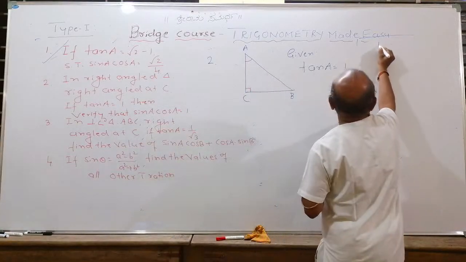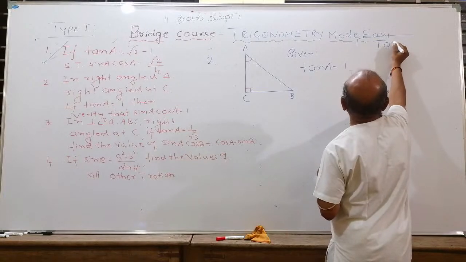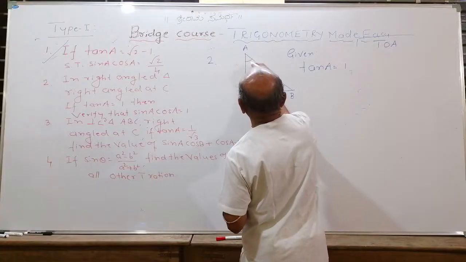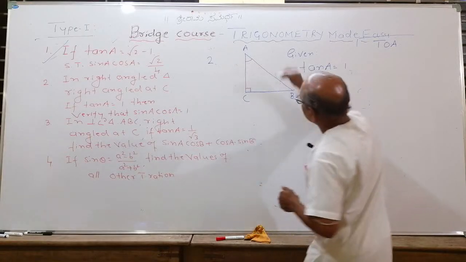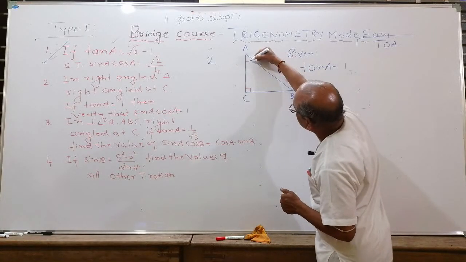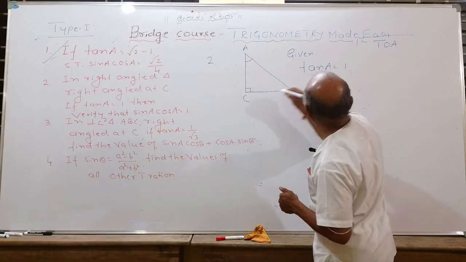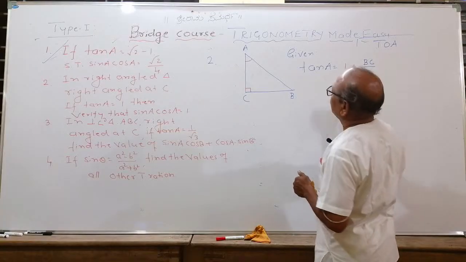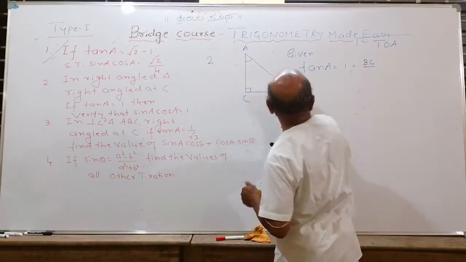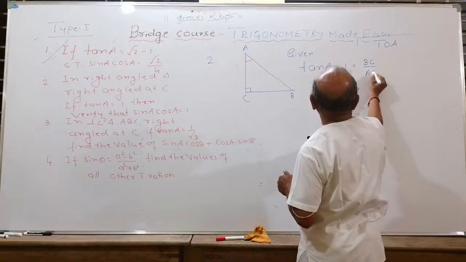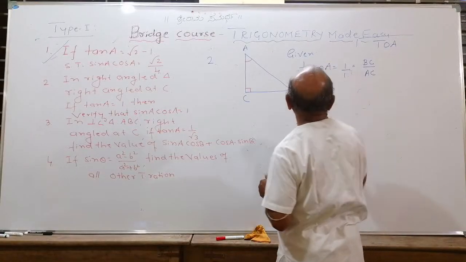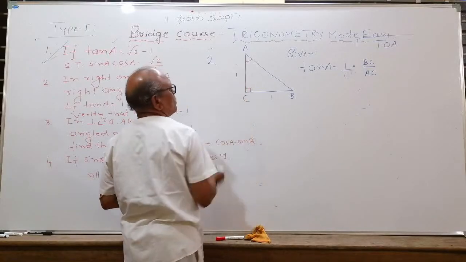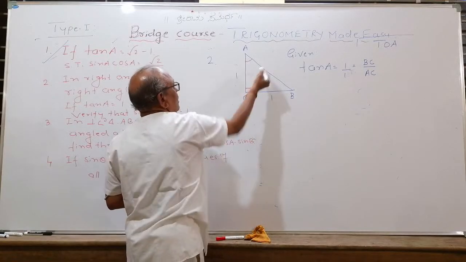Tan A is opposite upon adjacent, TOA. What is opposite here? The reference angle is A, so with respect to A, opposite will be BC, upon adjacent, which will be AC. You carefully learn this. Then opposite also becomes 1. Adjacent also becomes 1. Now you can easily get the hypotenuse.